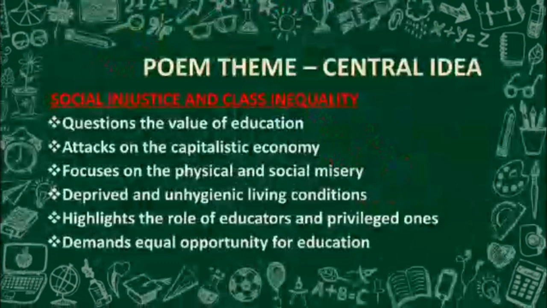The poet highlights the role of educators and privileged ones. On one hand, the poet tries to draw our attention towards the plight of such poor children, children belonging to poor families, or children who live in areas like slums.